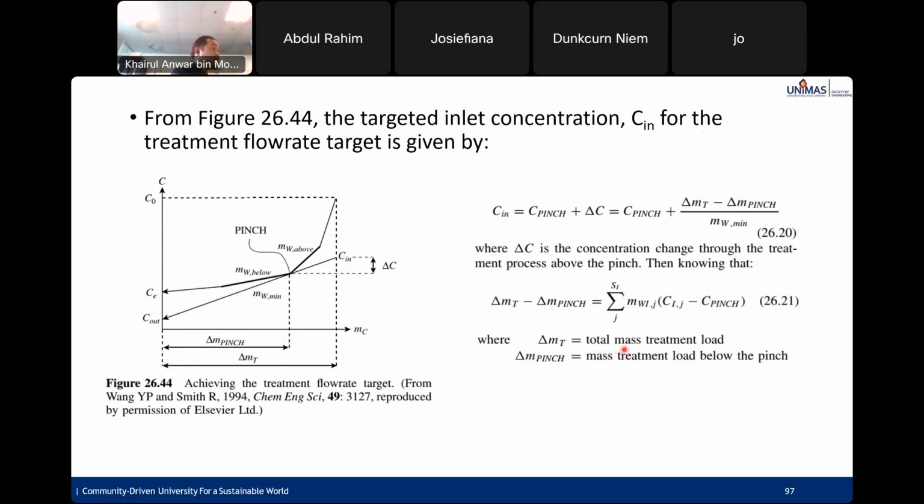Delta MT is the total mass treatment load. Delta M pinch is the mass treatment load below the pinch.